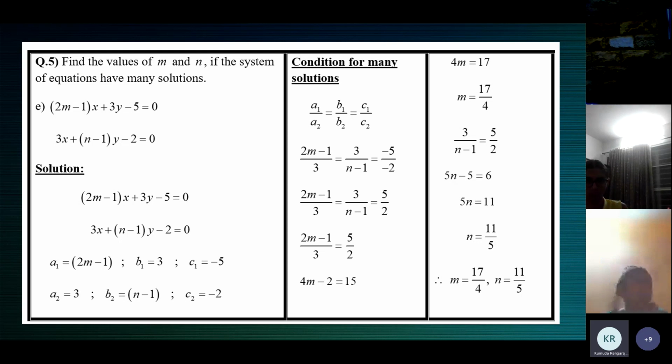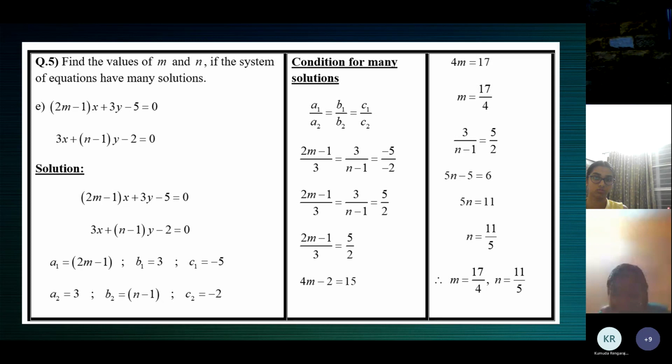So you'll have to write down the condition, substitute the values, and then get the answer. Don't use the elimination method, cross multiplication method, or some method and solve the two equations. It's not solving for X and Y. You'll have to use those conditions and find the value of whatever K or M and N.